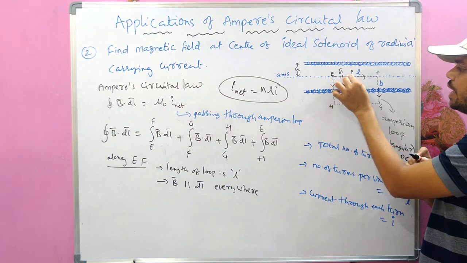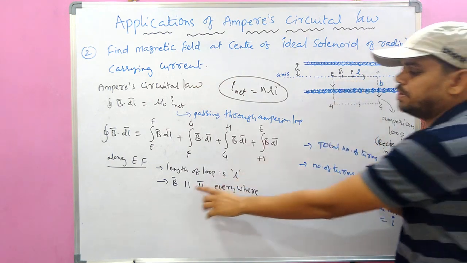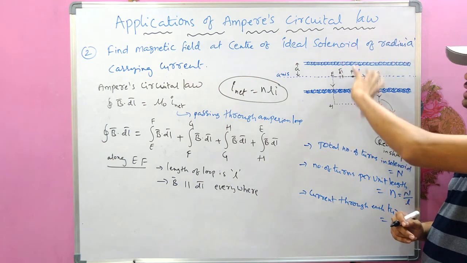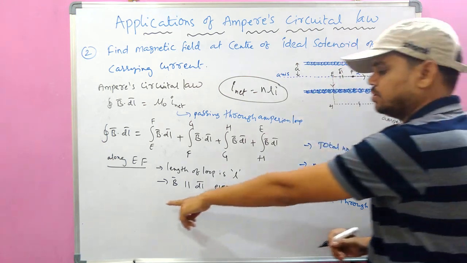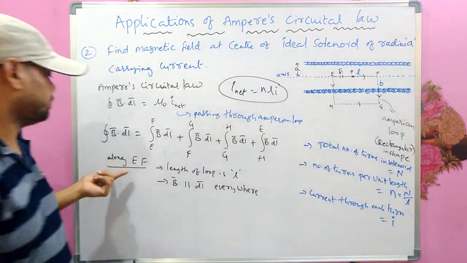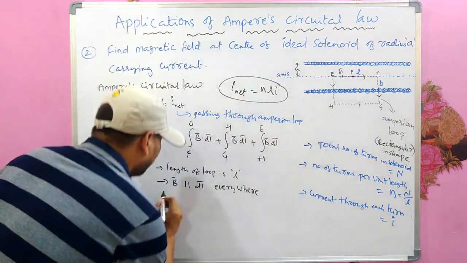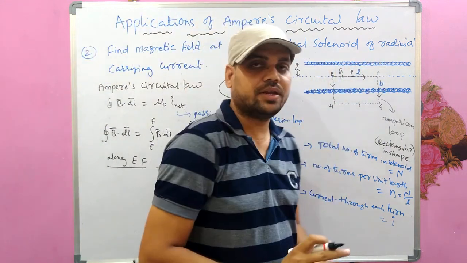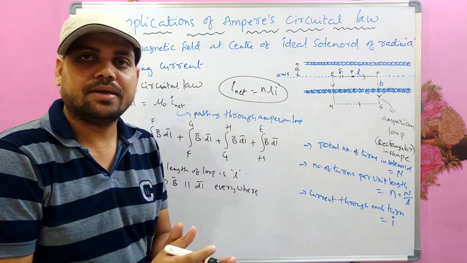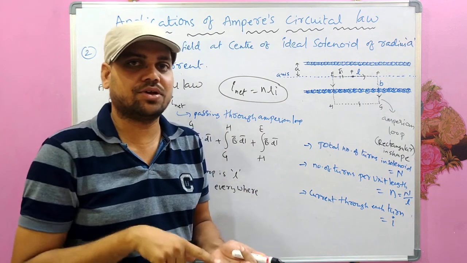So if I take dl anywhere on this EF, that dl will be parallel to B, because B is along the axis in the interior of an ideal solenoid. So B is parallel to dl everywhere along EF. And since B is uniform in the interior of the solenoid, the magnetic field lines are straight, parallel, equidistant in the interior of the solenoid.